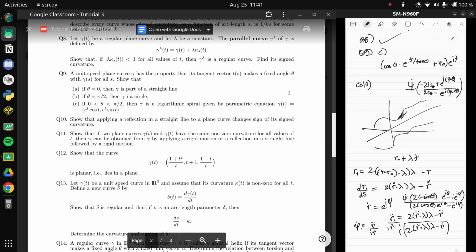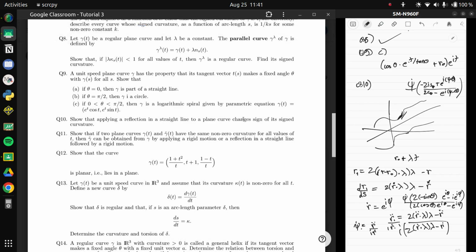Oh, wait a second. R1 is, well, that's also a unit tangent vector. We shouldn't worry about that. It's easy to see intuitively this is happening, but is it happening actually? Let's go sine theta, and then r double dot is like iota and all that. So it's supposed to be sine theta. Why didn't it work out that way?